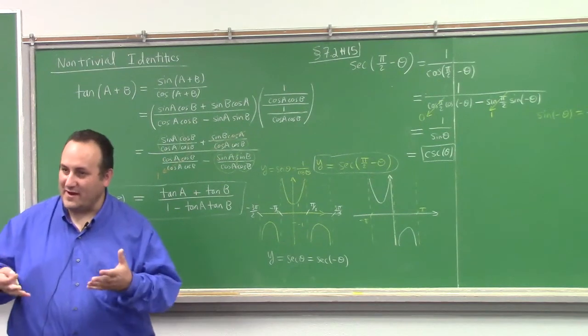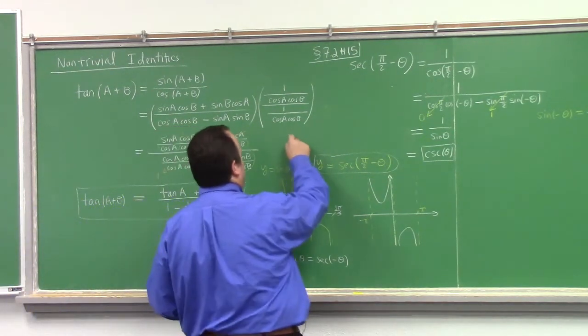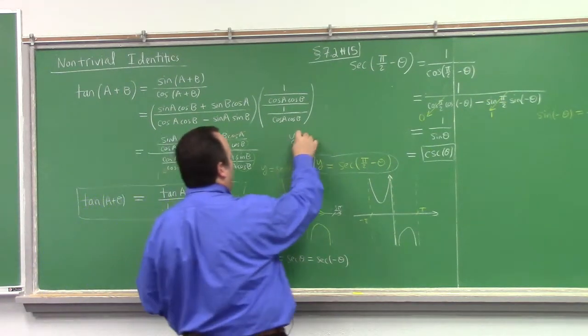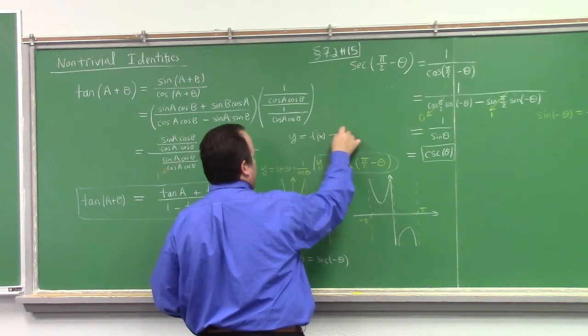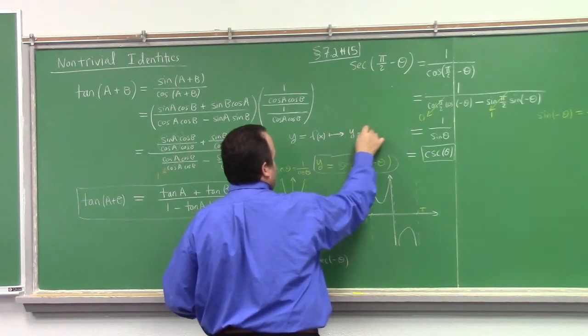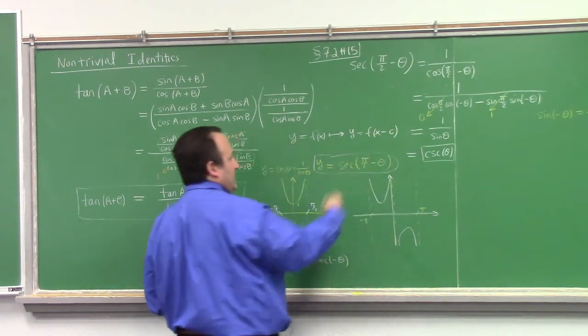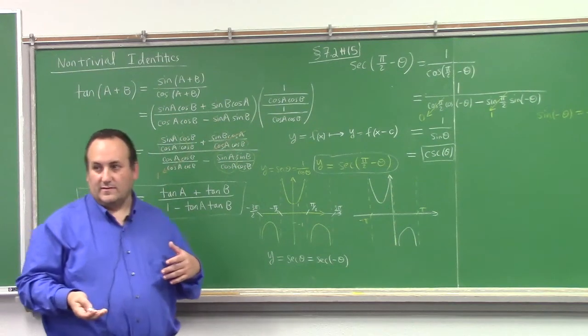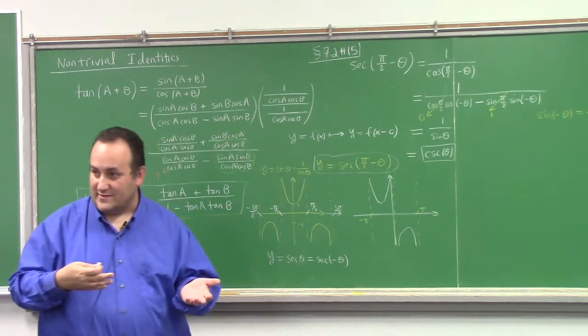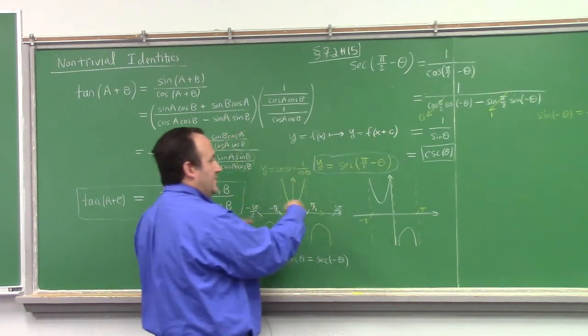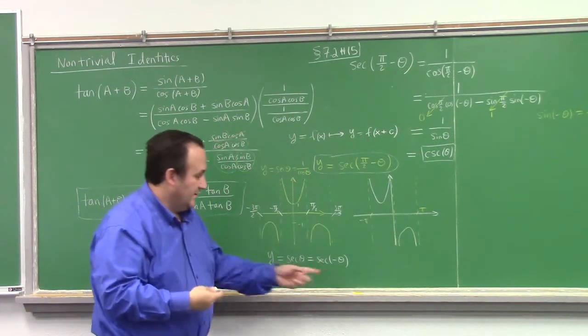The theorem on graphing, right? It doesn't just say that you add pi over 2 inside the argument. It says you take y equals f of x, and you replace it with y equals f of x minus c, right? That moves it c to the right. If it's plus, it moves it c to the left, right? So f of theta here.